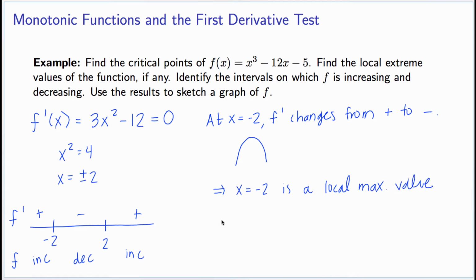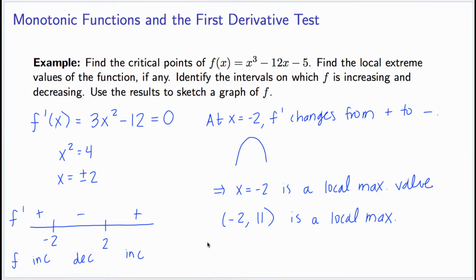And the point here: when x is -2, y is equal to -2 cubed minus 12 times -2 minus 5. We plug x equals -2 into our function, and we get (-2, 11). So (-2, 11) is a local max of our function.